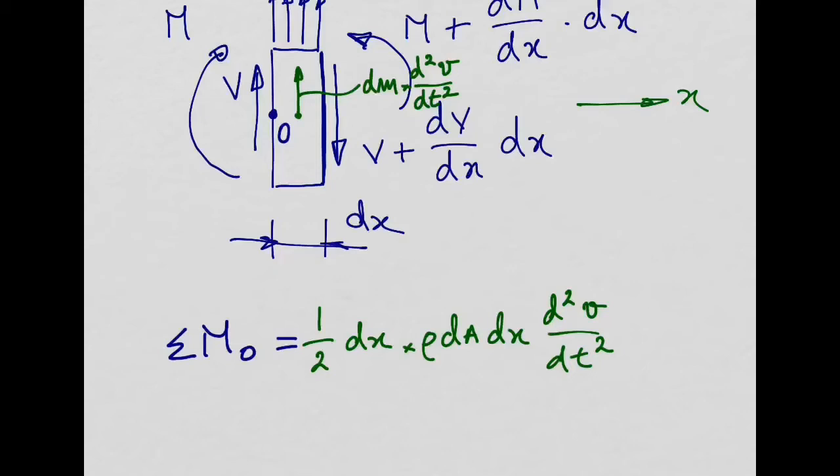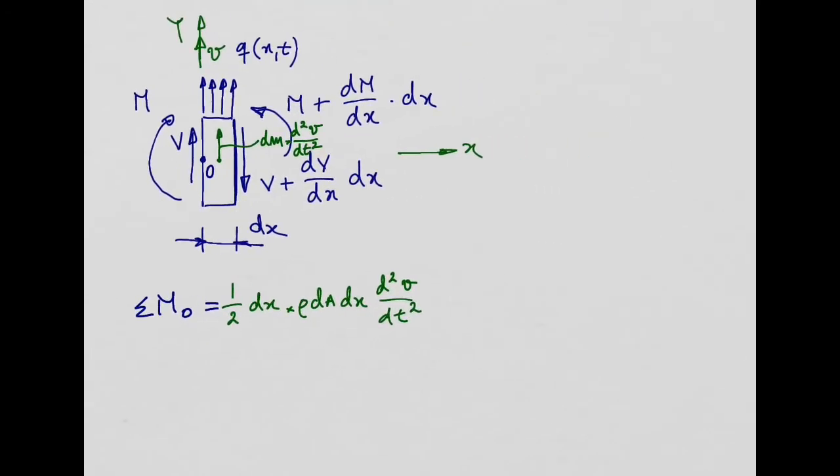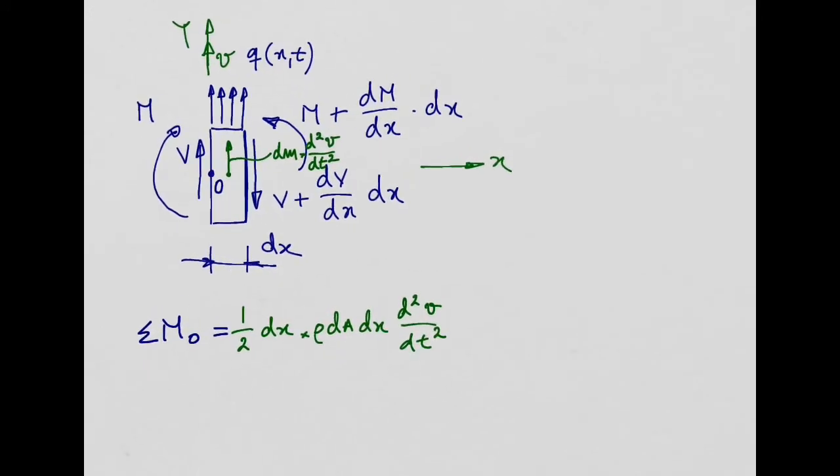Okay? And in an infinitesimal analysis like the one we are doing, whenever we have dx squared, like we have here dx times dx, we ignore this term.